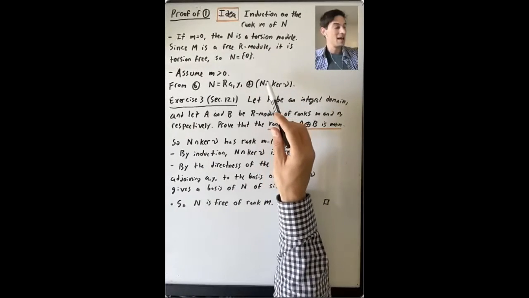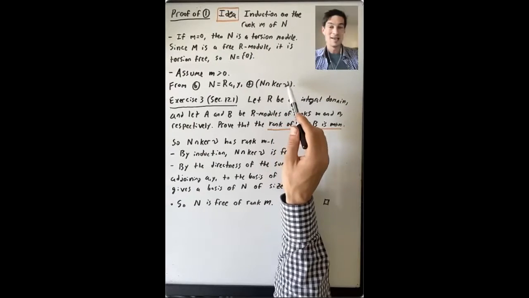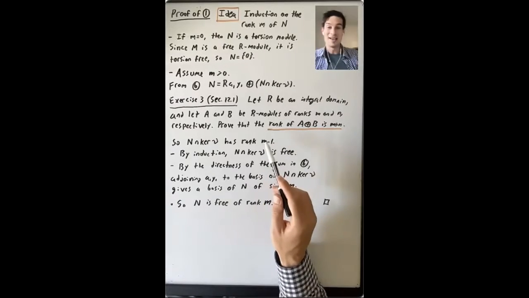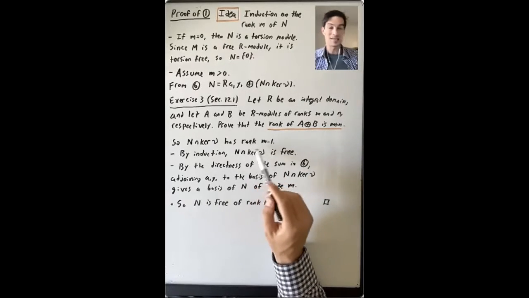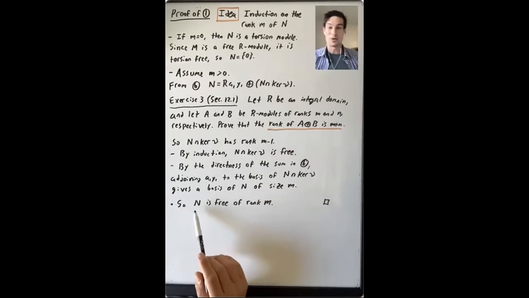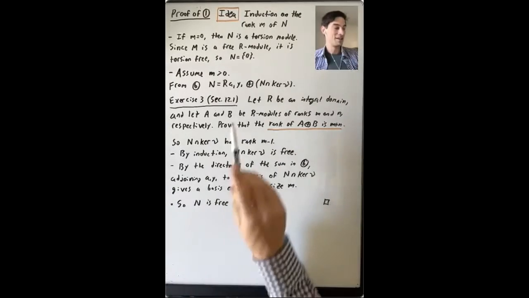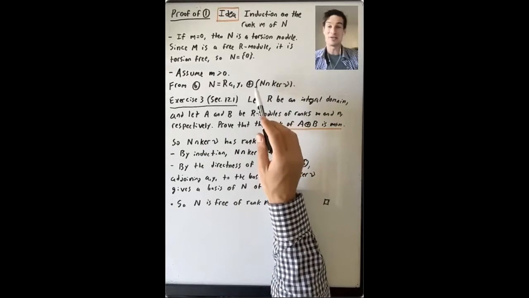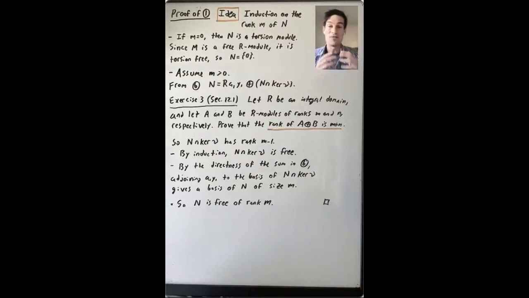And N intersect kernel of nu is a submodule of M that has rank 1 lower than N. So we apply the induction hypothesis to this submodule and use it to say something about the submodule N that has rank m. This is also a clever idea, because you need to find inside your submodule N that you care about a good choice of a submodule that has lower rank.